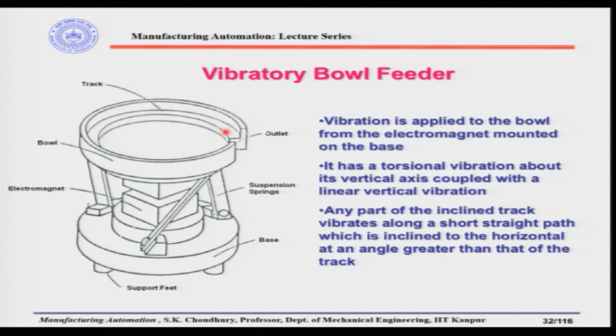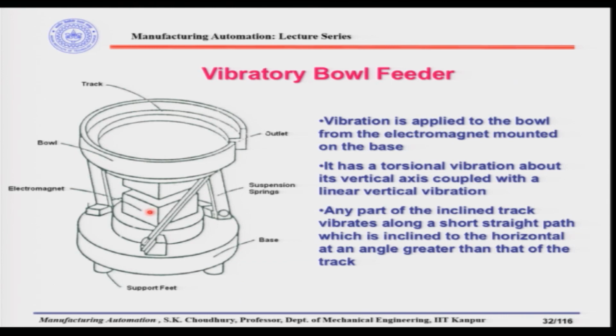Inside the bowl there is a track along the outer wall of this bowl. The entire bowl is supported by suspension springs to the base of the bowl feeder, and on the base there is an electromagnet.